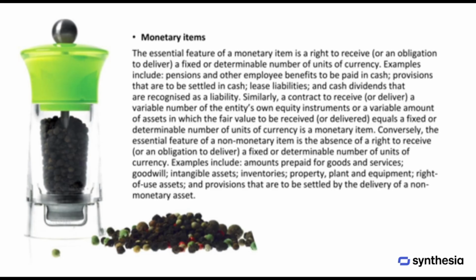On the other hand, non-monetary items do not involve rights or obligations to receive or pay a fixed or determinable amount of currency. Examples include prepaid amounts for goods or services, goodwill, intangible assets, inventories, property, plant and equipment, right-of-use assets, and provisions settled by delivering non-monetary assets.